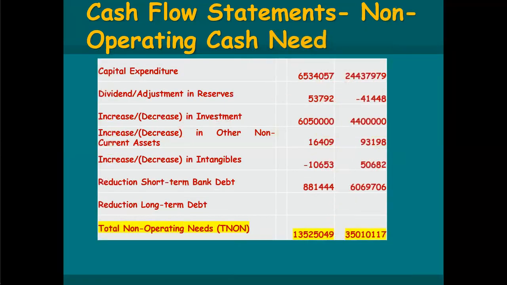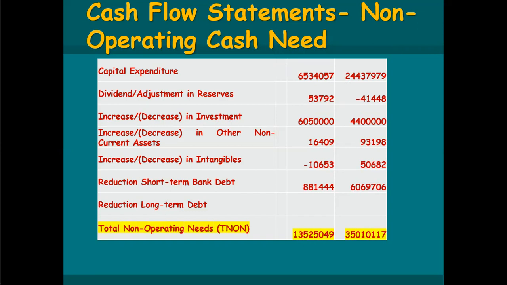Thereafter, we have the capital expenditures. You can find a positive change in both cases. Dividend and adjustment in reserve: first is positive, thereafter negative. Increase and decrease in investment: you will find the increase. Thereafter, increase and decrease in other non-current assets: you will find the increasing trend.